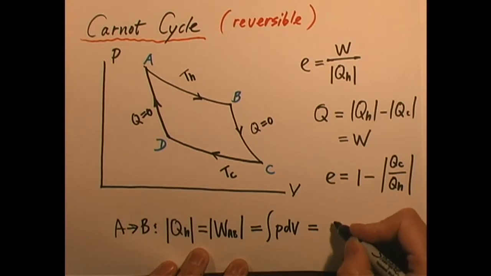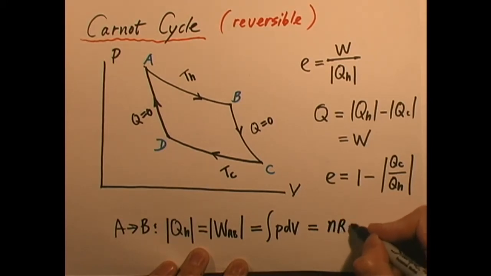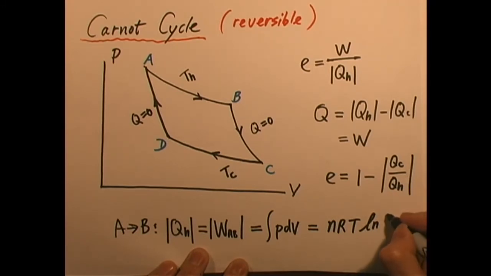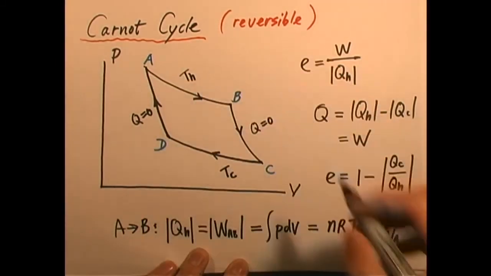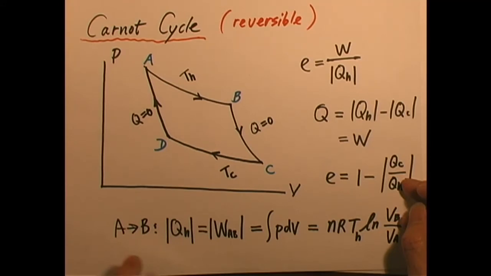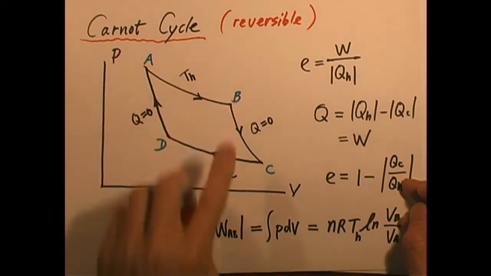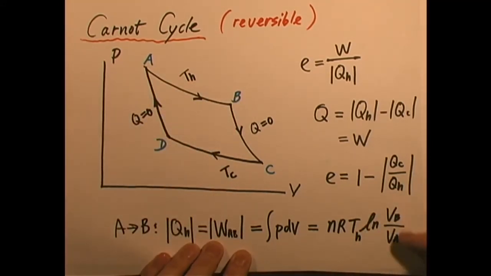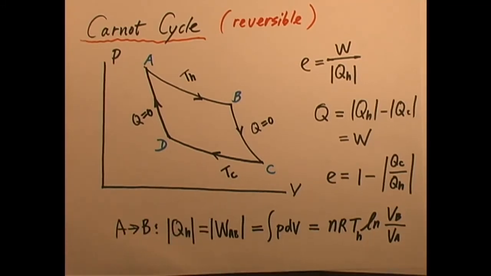You will find the result to be equal to nRT times the natural log of V final over V initial, which is VB over VA. And of course, this temperature is T hot. That is the heat absorbed going from point A to point B. It's equal to that, and since VB is greater than VA, it's a positive number.